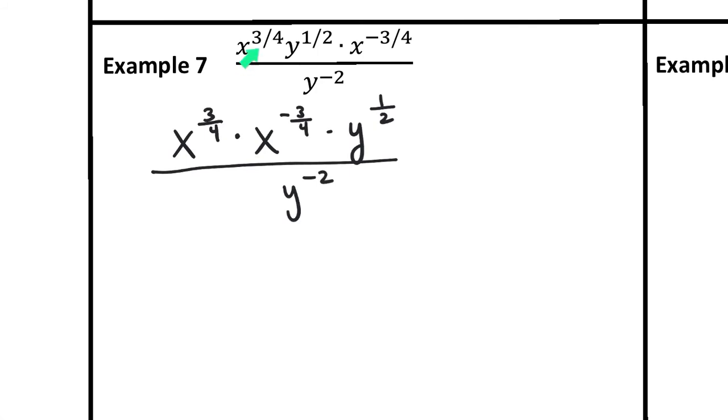Okay, so all I did is I put the x's next to each other. So I have x to the 3/4 first, and then x to the negative 3/4 second, times y to the 1/2 divided by y to the negative 2. So I'm going to work out these first, the x's first, and see what happens with those.